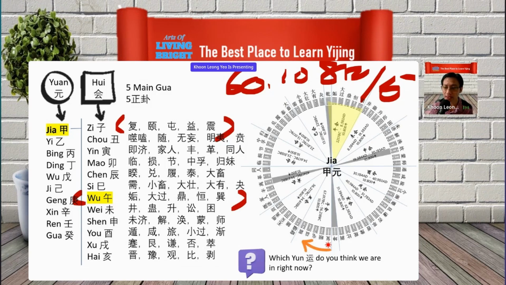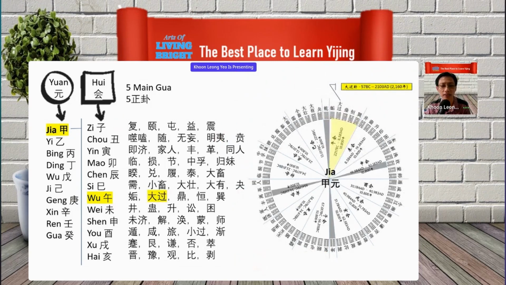Darren said, if looking at the beginning of 八卦 with Fu Si, we are still around Wu Hui. That's right. So which of the 卦 in the Wu Hui are we at now currently? It is at the 大卦卦. 大卦卦 governs from 57 BC all the way to 2103.